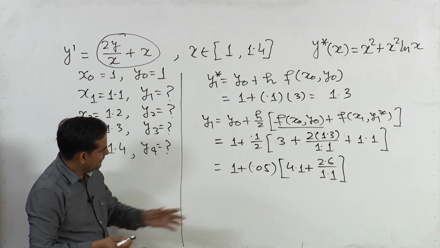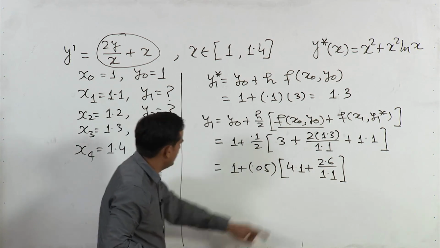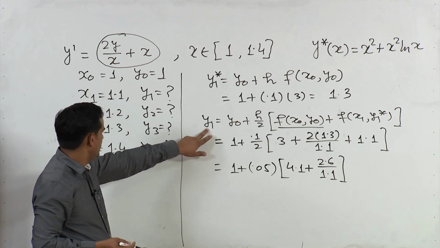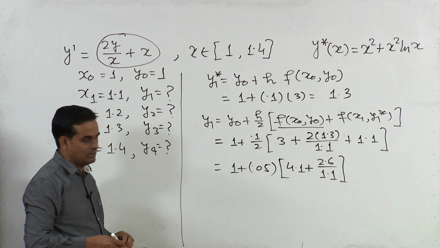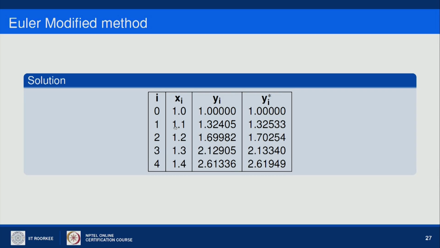So, after simplifying this particular expression, I will calculate the value of y1, that is the value of y at x equals to 1.1. This value is coming, y at x equals to 1.1 is 1.32405, where the exact value was 1.32533.